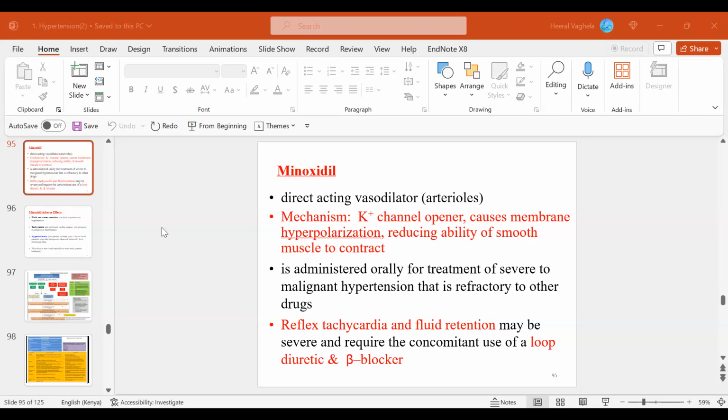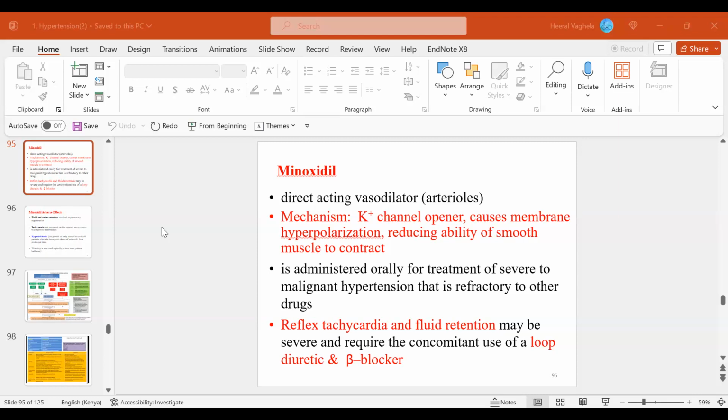I think hypertensive crisis is when we have a diastolic blood pressure that's greater than 120.